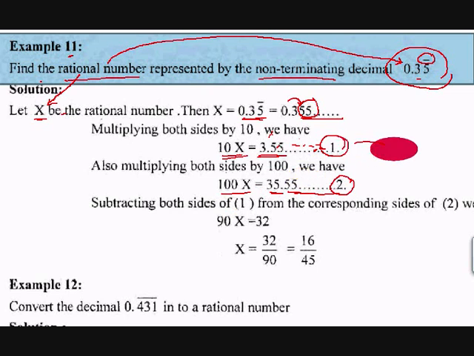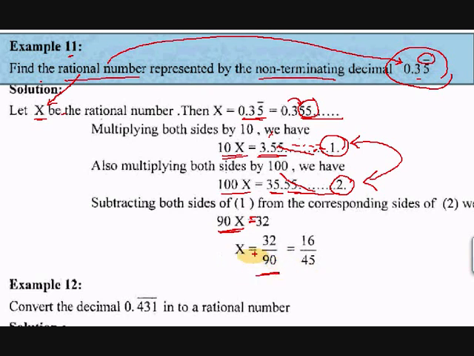If we subtract the first from the second, we take 10x from 100x, which gives 90x. On the right, 35.555 minus 3.555 is 32, because the repeating parts cancel out. So 90x equal to 32, and x equals 32 by 90.